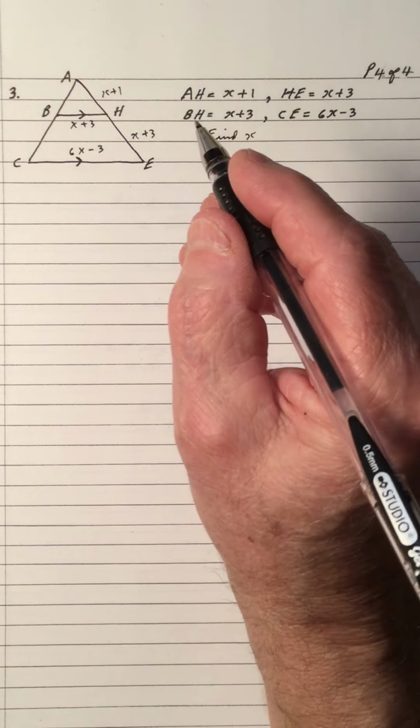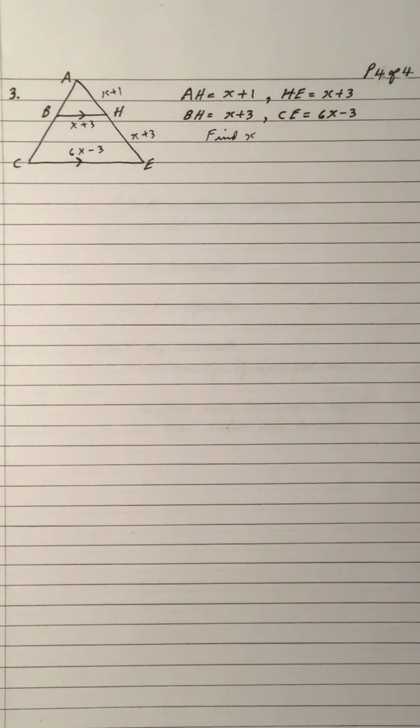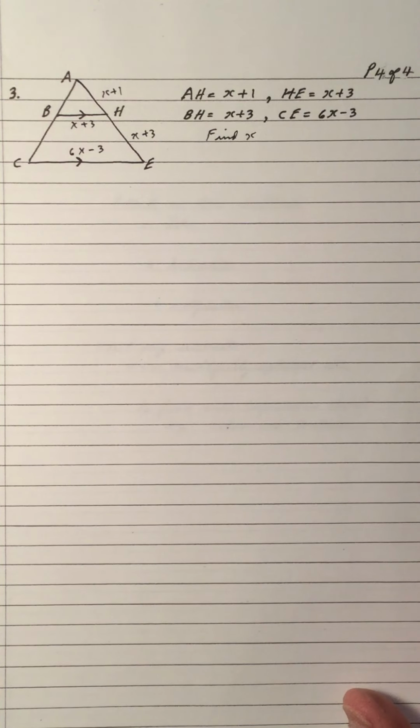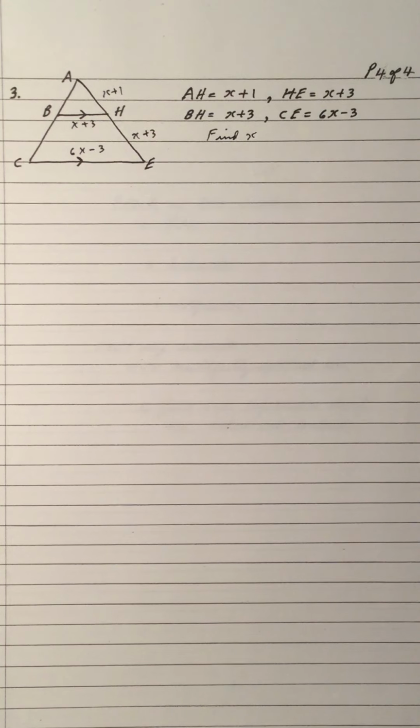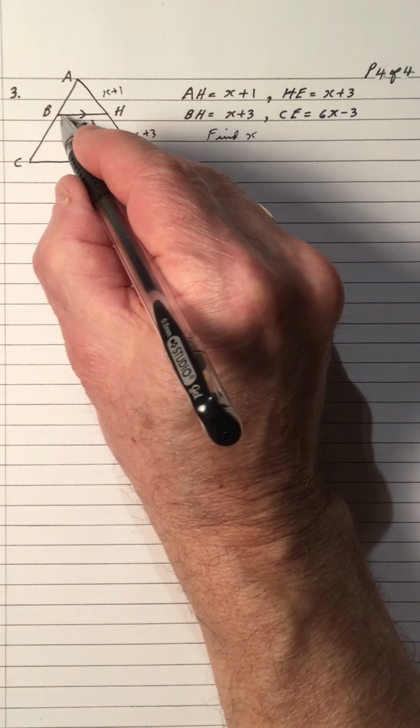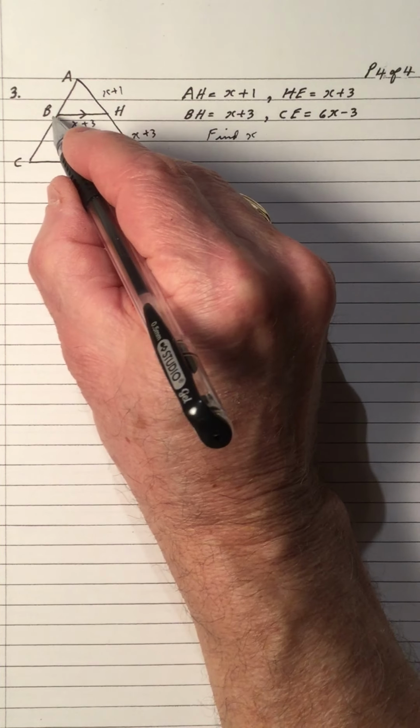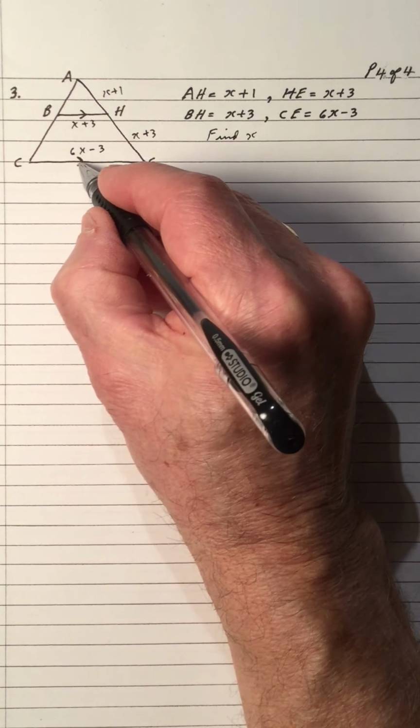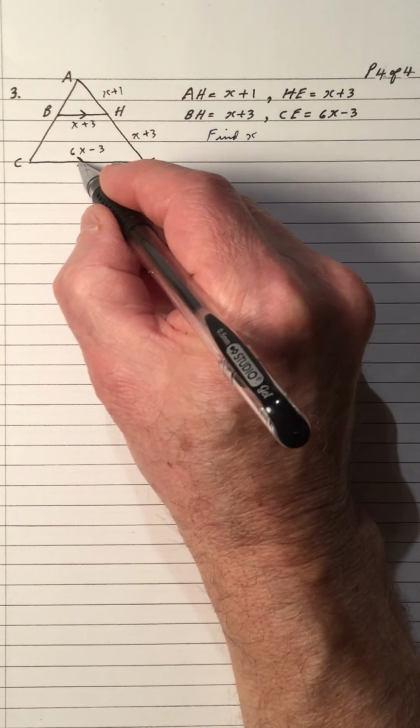Well, we have to think back to a unit that I have done on what we call similar triangles. When we have similar triangles, we have the sides proportional. So what happens is a little bit more work here. This is parallel to this because of these arrows given.